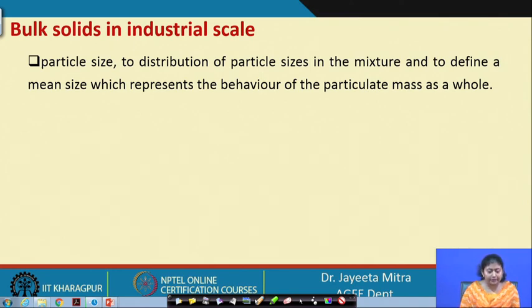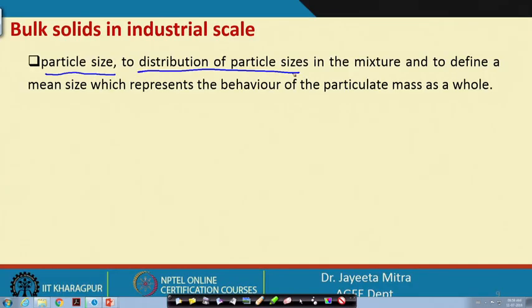So, we need to transform our analysis from the particle size to the distribution of particle sizes, because when we handle solids on a bulk or industrial scale, we can't get uniform particle size. There are very rare operations where we can get uniform particle size. Mostly a range of particle sizes is present, with a fraction of each size, and maybe they are dominated by one or two major size fractions.